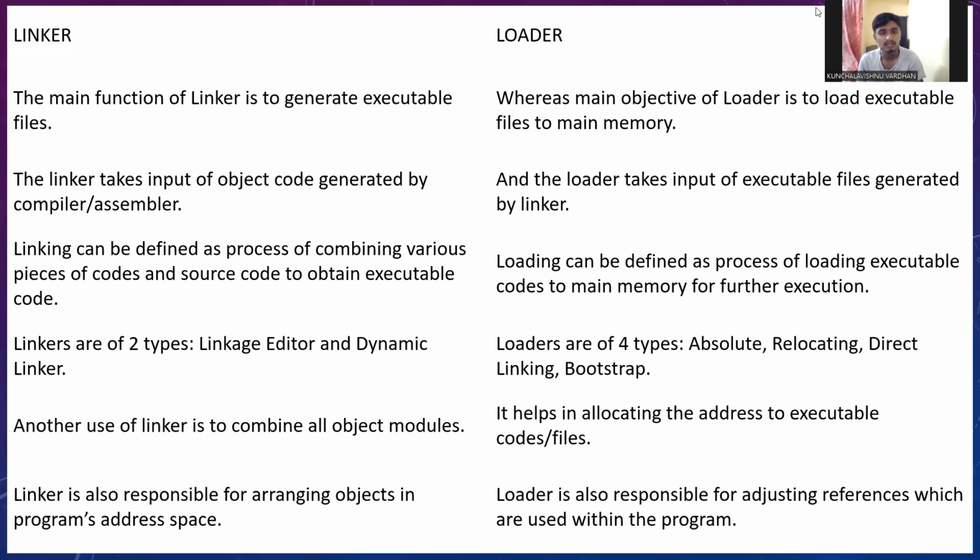Another use of the linker is to combine all object modules, whereas the loader helps in allocating the address to executable files. The work of the loader is to allocate memory locations to the code or files given by the linker.